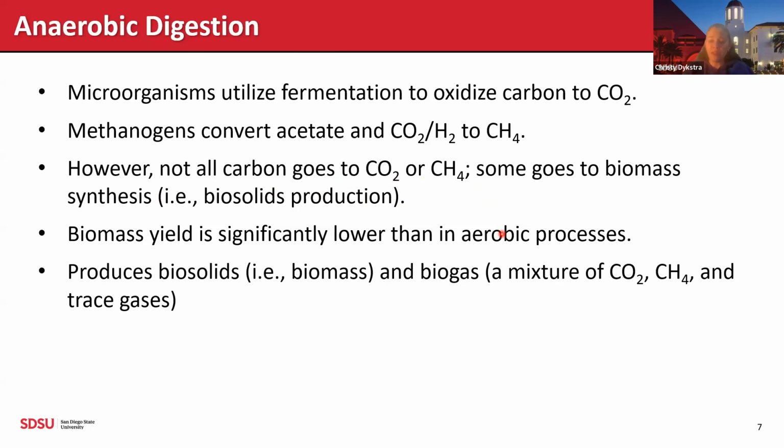With the aerobic processes, they get a lot of energy by using oxygen as their electron acceptor. Here, you can imagine they have to first expend a lot of energy to produce enzymes that go outside of their cell and break apart these molecules. And then they can get a little bit of energy from the electron donor and acceptor that they've produced. Because of that, they really don't get a whole lot of energy out of this.